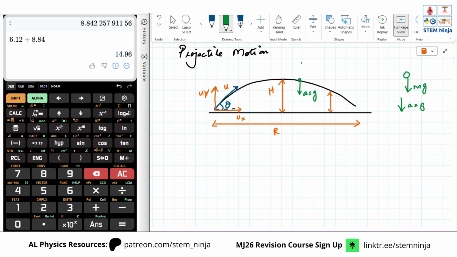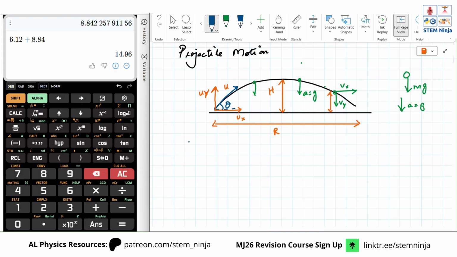What this will do is cause the vertical velocity to have an acceleration component, but since there is no acceleration parallel to the horizontal direction, there will be no acceleration in that.